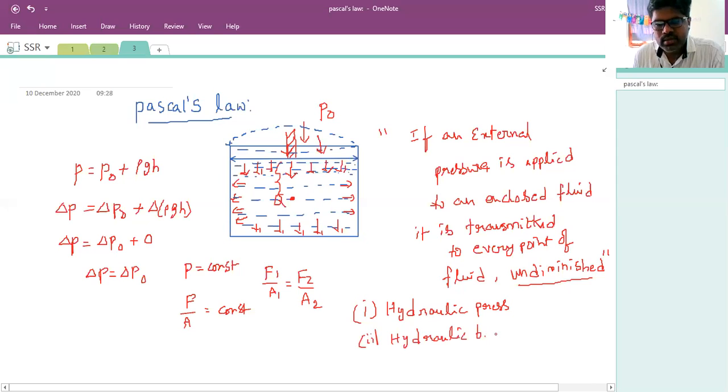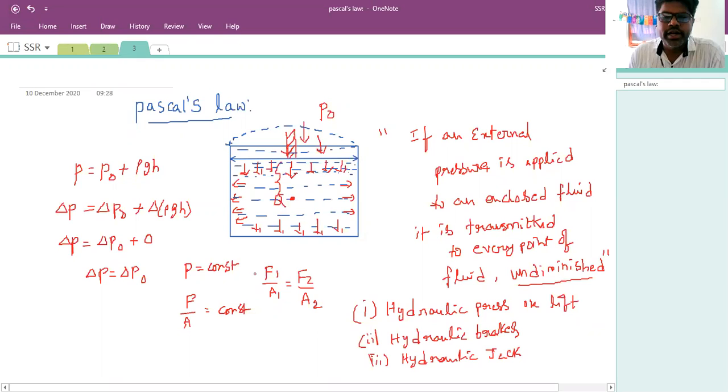Have you observed any time the hydraulic brakes of vehicles, or air brakes? So these are the applications.